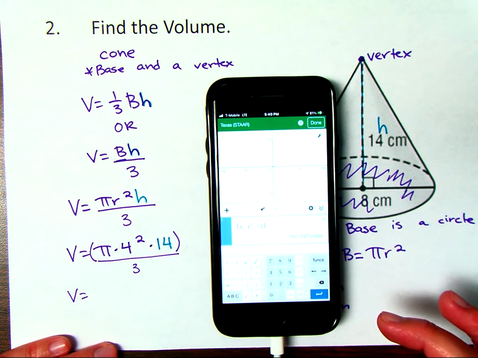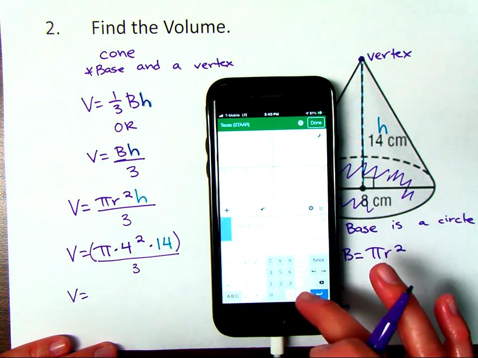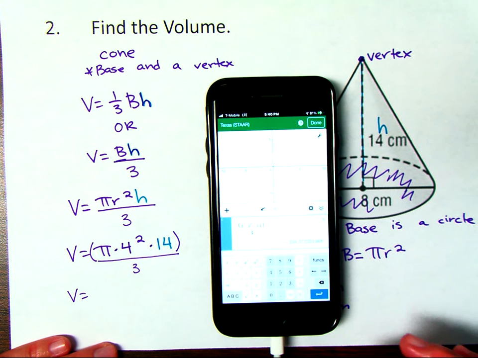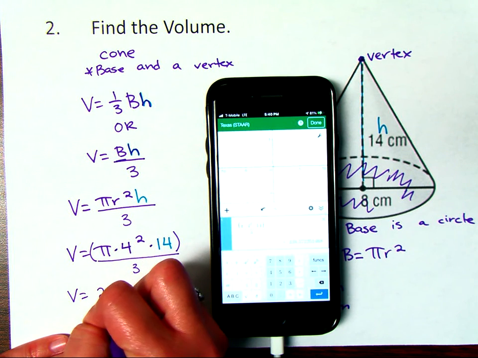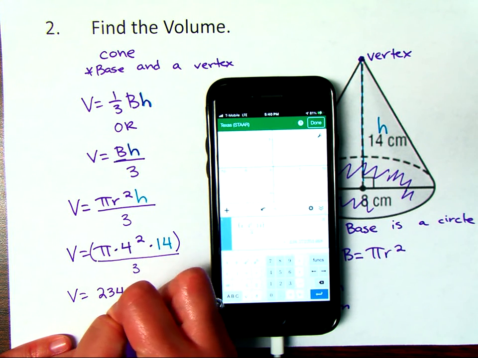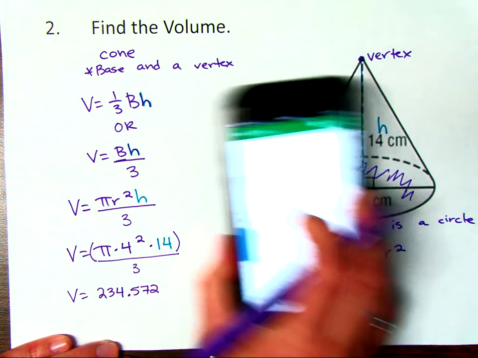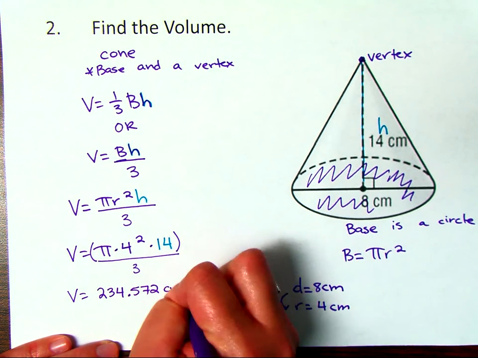That shows you everything for the numerator, and then divide by 3. And you should get 234.572 once we round it to the nearest thousandth. 234.572 cubic centimeters.